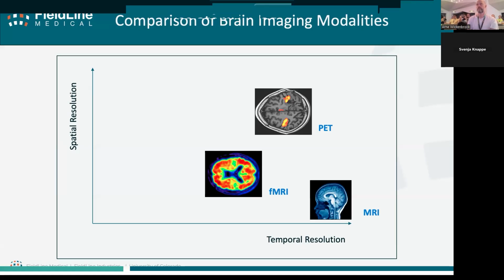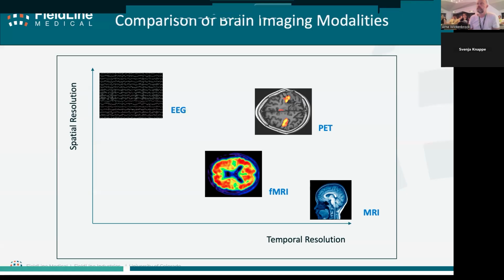So you inject a radioactive material that's bound to glucose, and so it accumulates in areas where, again, energy is used. You can also bind it to a few other things, and so it's also an indirect measure. It's measuring where energy is consumed in the body.